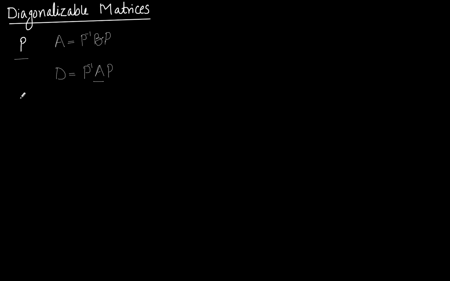So let us say that if we have a square matrix A, it is diagonalizable if this matrix is similar to a diagonal matrix.